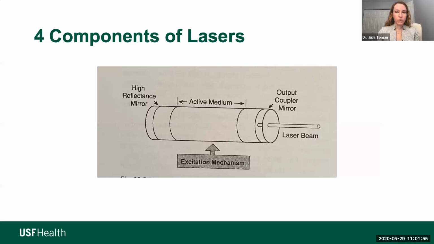All lasers have four components, and those components are an excitation mechanism, which is their power source, a laser medium, an optical cavity or resonator, and then a delivery system. And essentially the excitation mechanism pumps energy into the resonating chamber, which contains the laser medium. And then the energy is dumped into the resonating chamber, which elevates the electrons in the medium to a higher energy state.